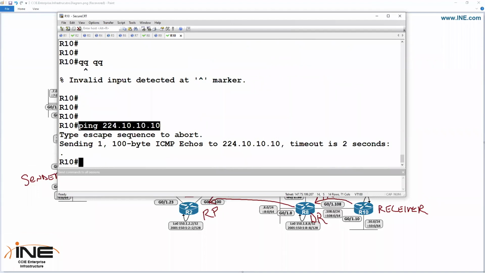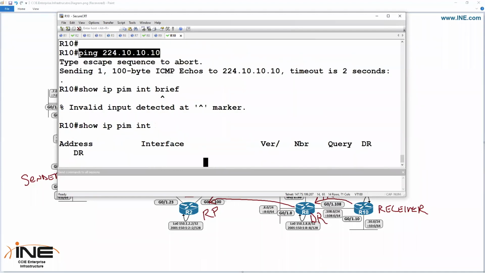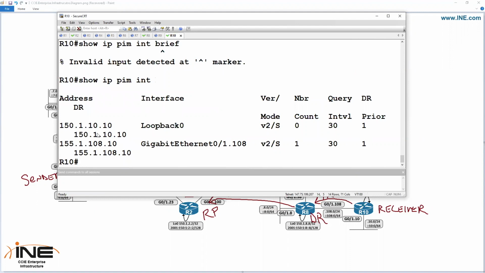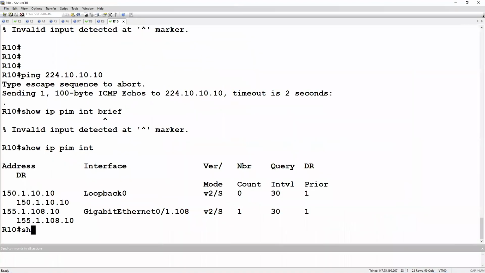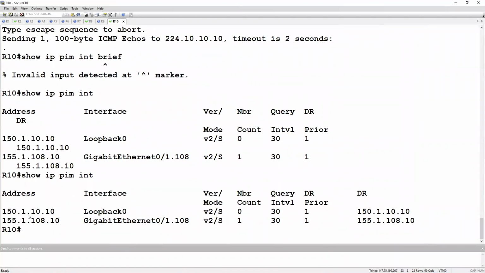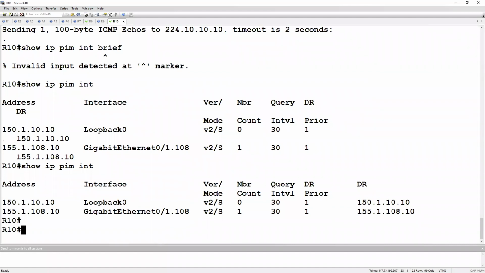So if we look at the show IP PIM interfaces brief, or just show IP PIM interfaces, we have two interfaces that are running PIM. The ping is going to come from 150.1.10.10 and from 155.1.108.10. Okay, if we want it to come from a specific source, that's when we do the extended ping.